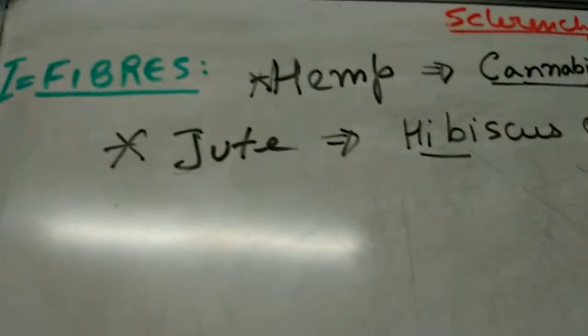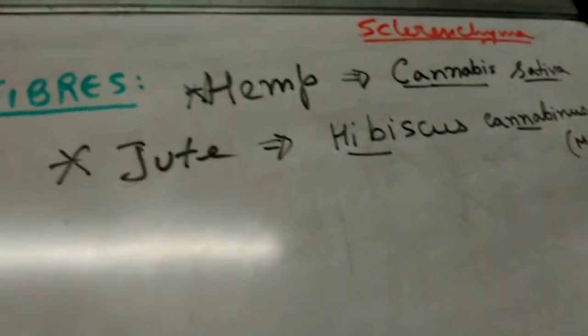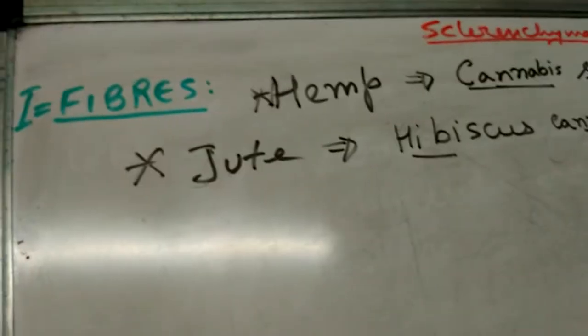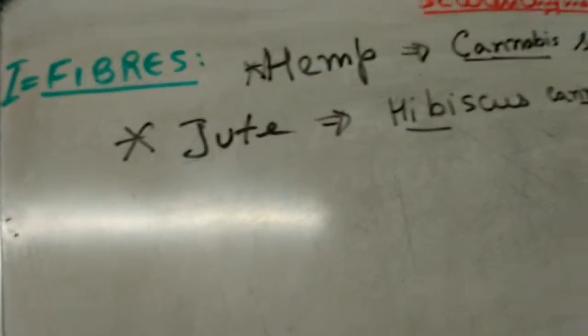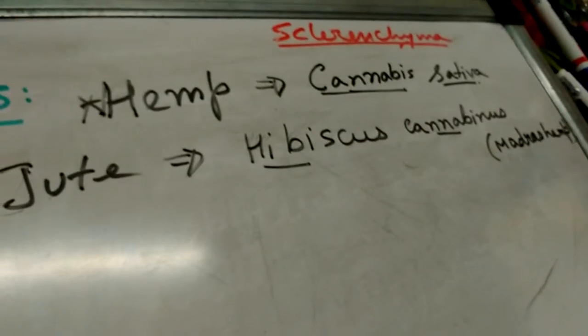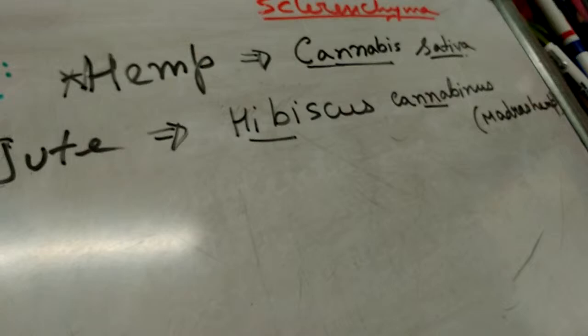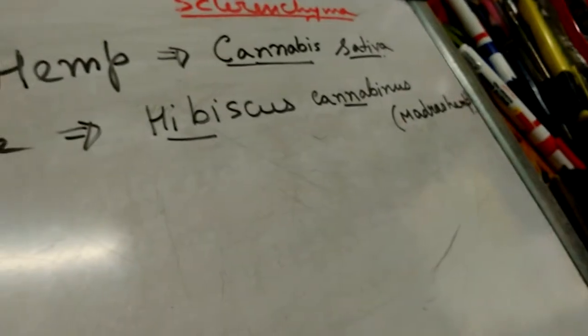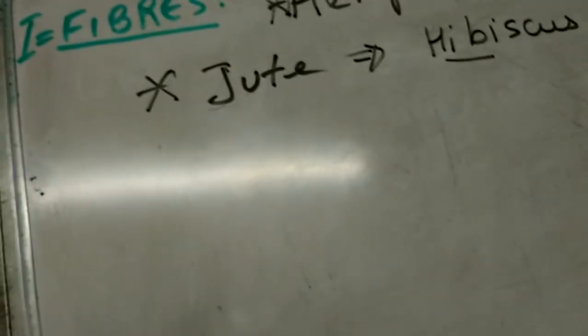So these are some important commercially useful things we get from fibers: hemp obtained from Cannabis sativa, and jute from Hibiscus cannabinus, which is also known as Madras hemp.